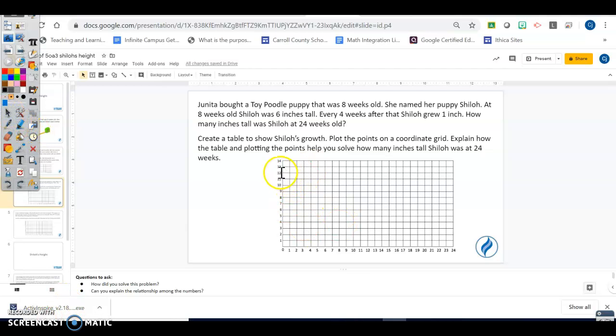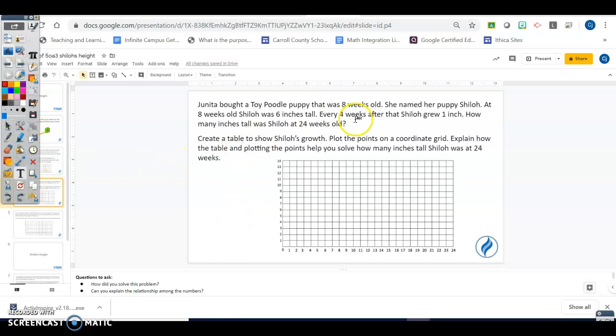So one thing we need to do here is we have our coordinate plane, but we don't have either side labeled. In the problem, it tells us how tall in inches Shiloh is, and it also tells us the number of weeks old Shiloh is. So we're going to go ahead and label our graph. Since we're looking at the number of weeks, weeks is going to be our x-axis.